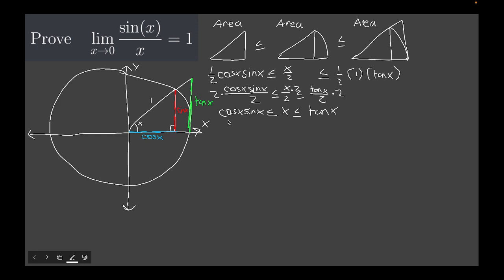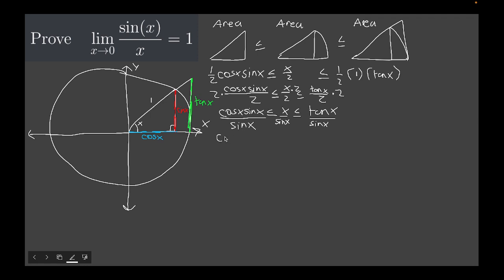Now what I'm going to do is get this cosine alone, and so to do that we're going to divide each of these by sine of x. We also have to do the same thing for each of them. So the sine of x just cancels.